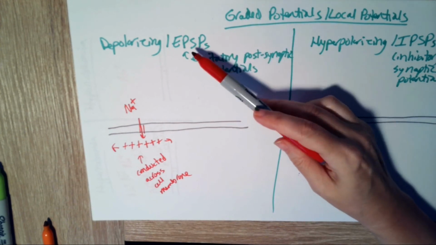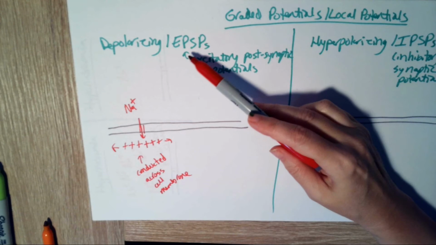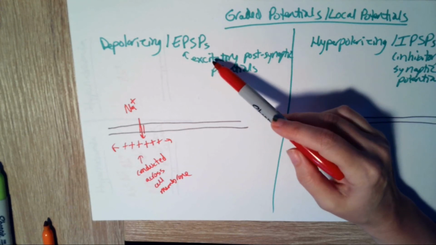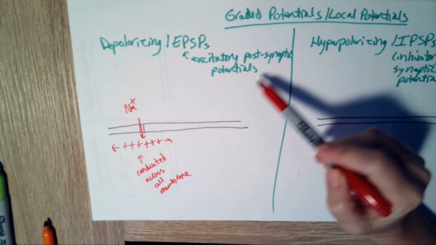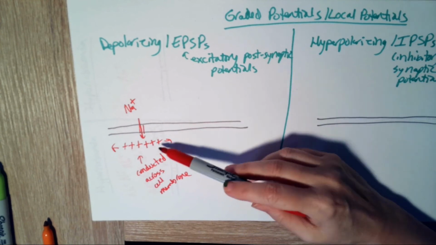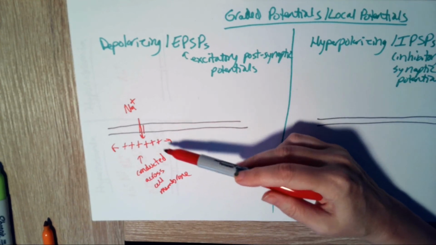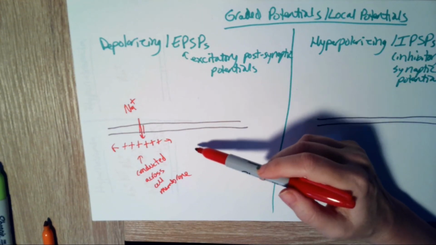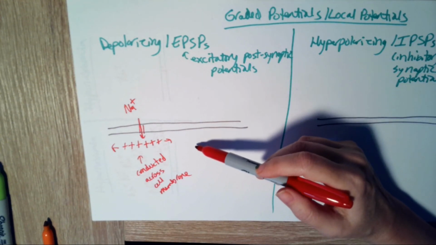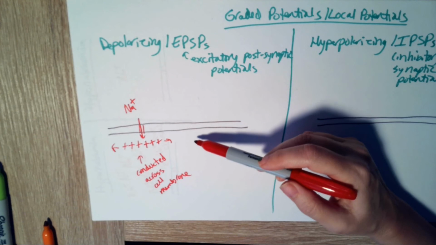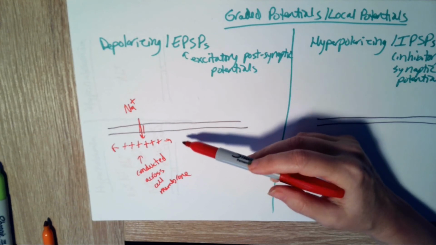You can also call this an EPSP, which stands for excitatory postsynaptic potential. The reason for that is that when you depolarize the cell, it's tending to get you closer to that threshold we were talking about for our voltage-gated channels, which are found on the axons.